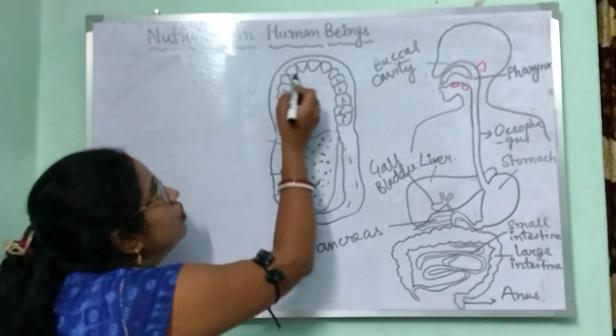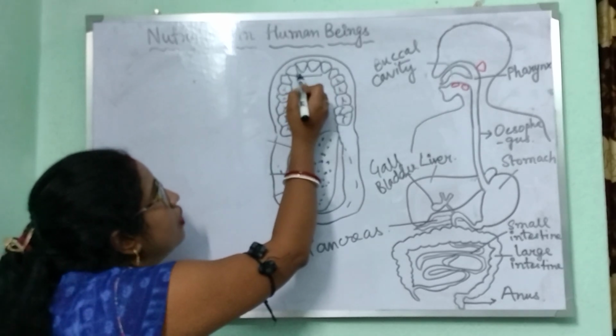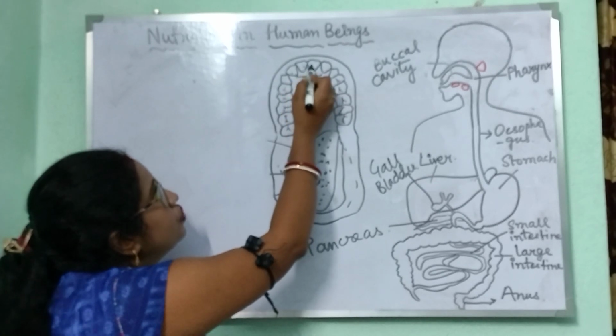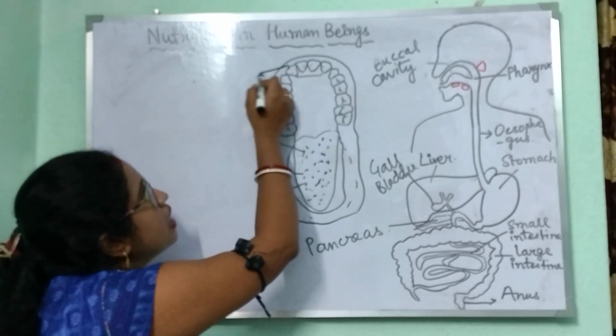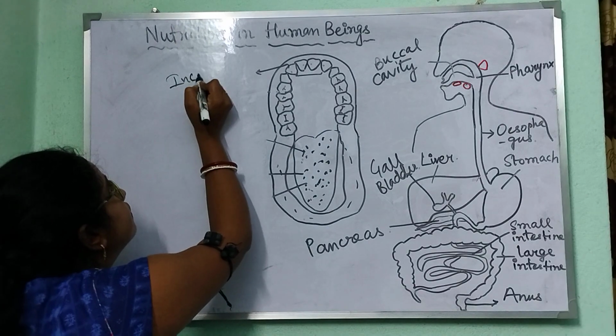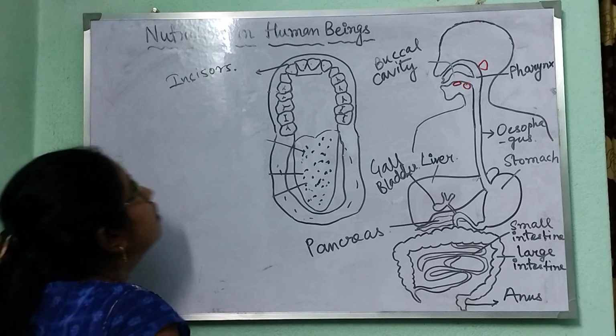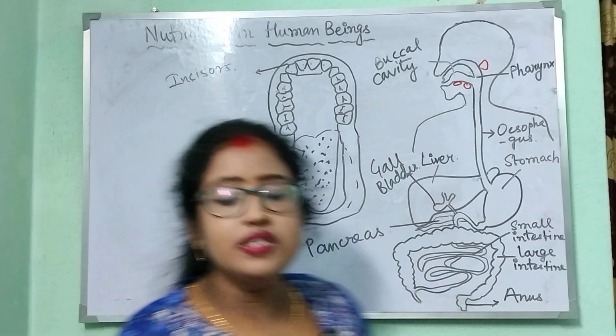In this upper jaw, these four teeth, 1, 2, 3, 4, are known as incisors.